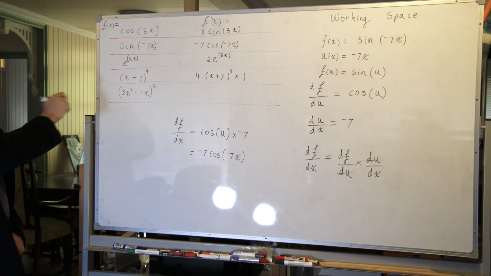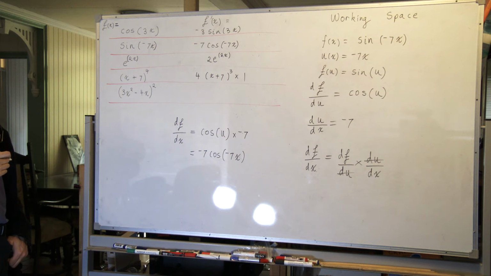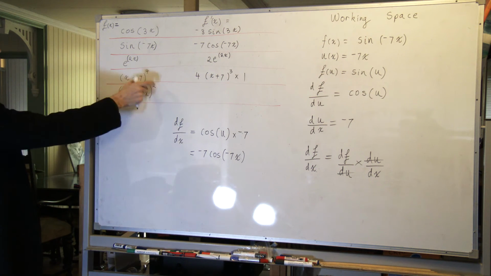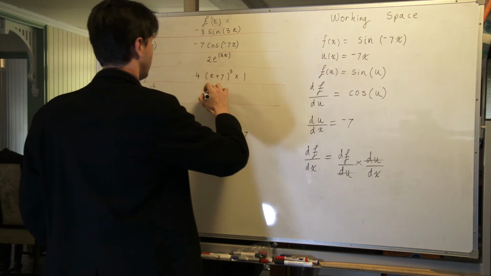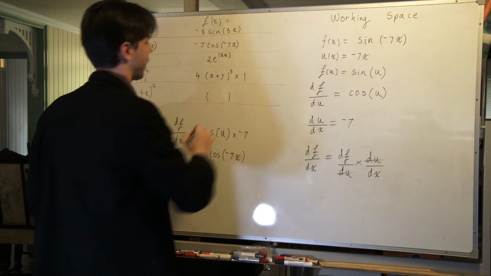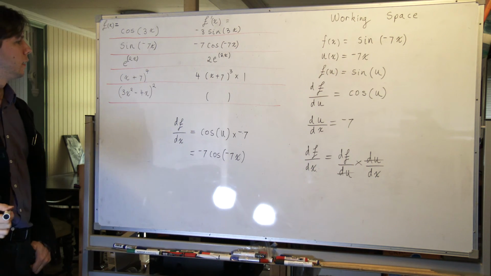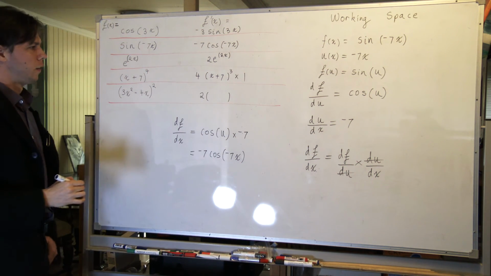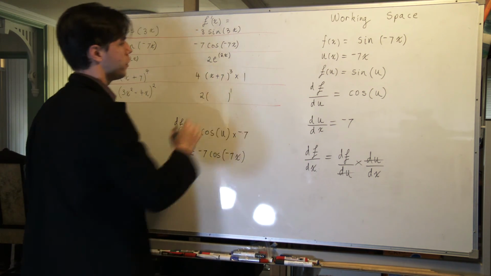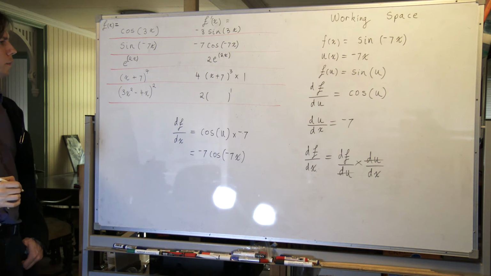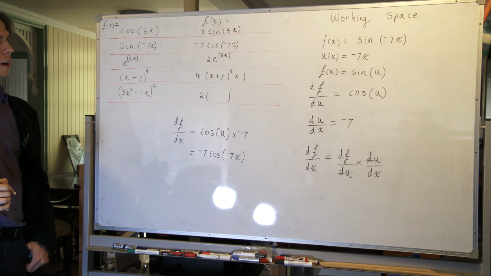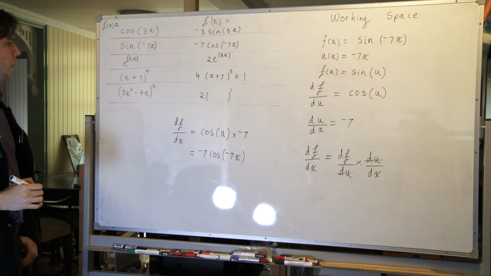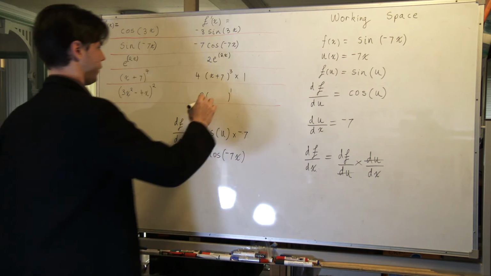Let's look at this case. We have a bracket to a power. So we pretend that the bracket is like x. We do the derivative. Power comes out the front. Power reduces by 1 to 1. You don't really have to write that, but it helps. And then the stuff inside the bracket stays the same.